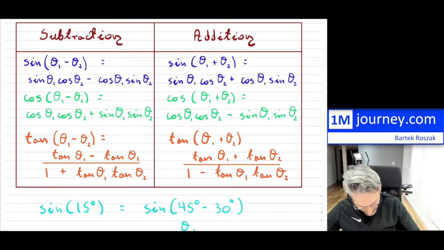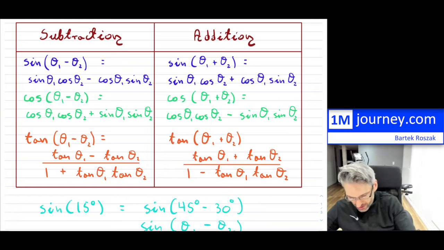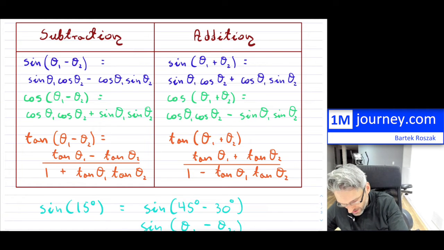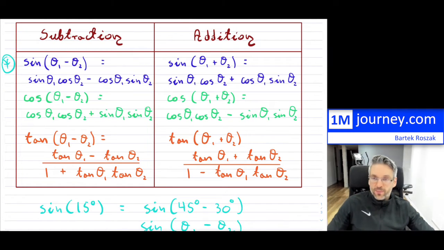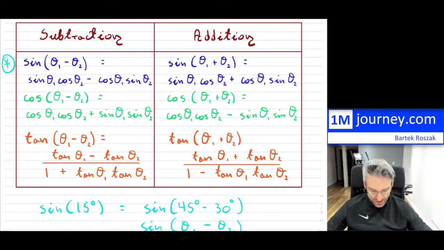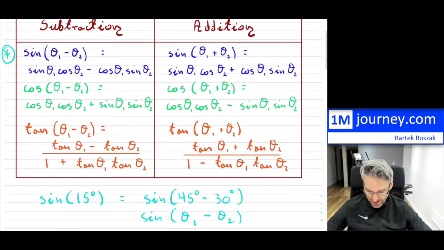So this would have been your theta 1 minus your theta 2. And if you look right here, then you could use this compound angle formula for theta 1 being 45 degrees and theta 2 being 30 degrees, and those are on the unit circle. So you can actually find out what sine of 15 is, utilizing this.